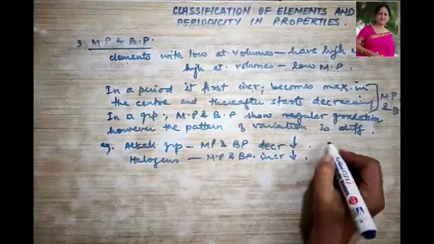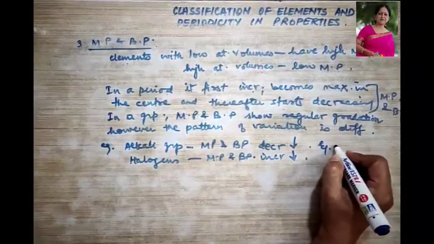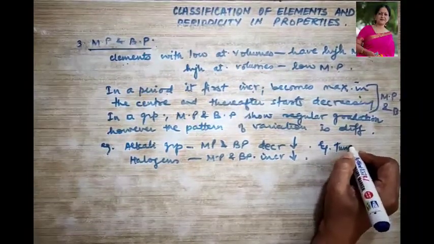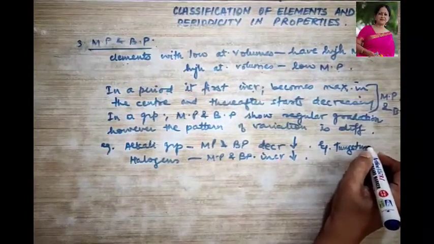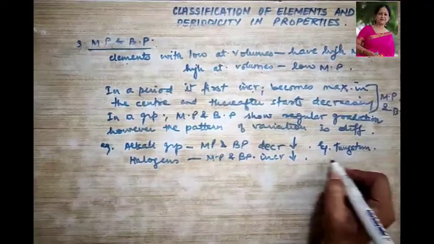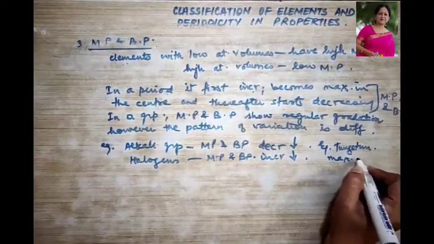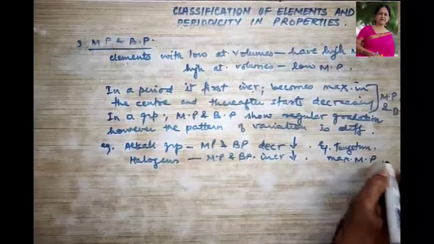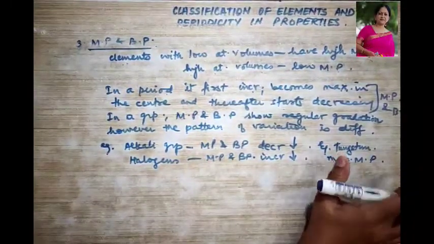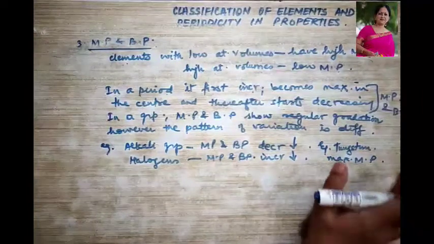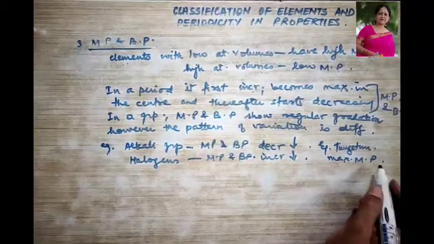So let's take some examples over here, like tungsten. Tungsten has the maximum melting point amongst the metals, and carbon has the highest melting point among the non-metals.